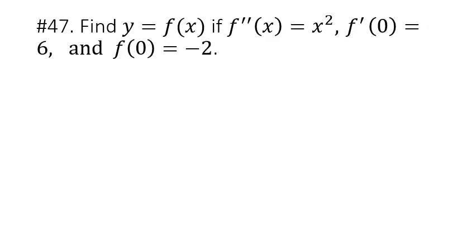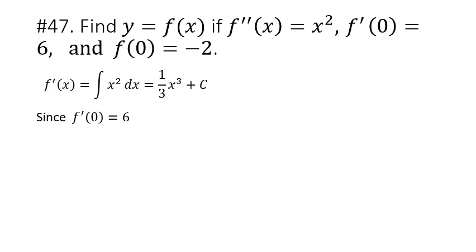Practice 47. Find y equal to f of x, if f double prime equals x squared, f prime of 0 equals 6, f of 0 is negative 2. First, we have to find f prime, right? f prime is the integral of x squared dx. So the antiderivative is 1/3 x cubed plus c.